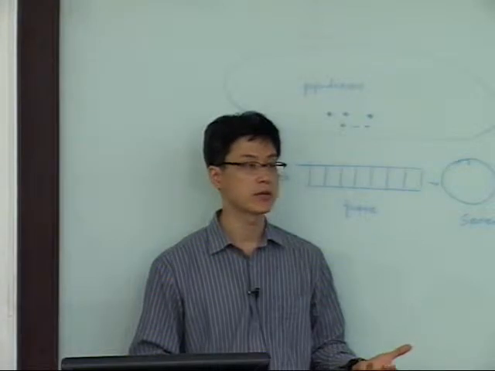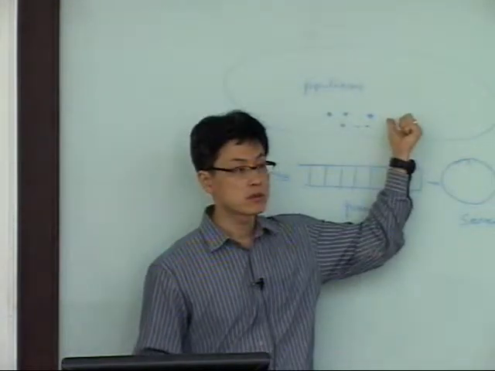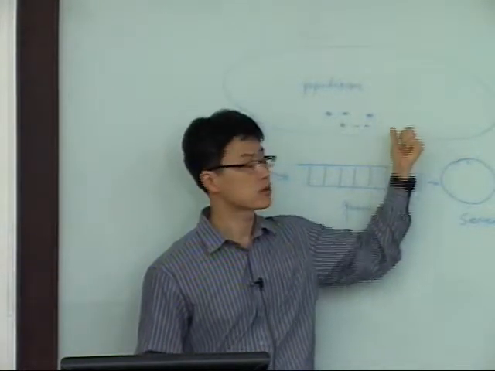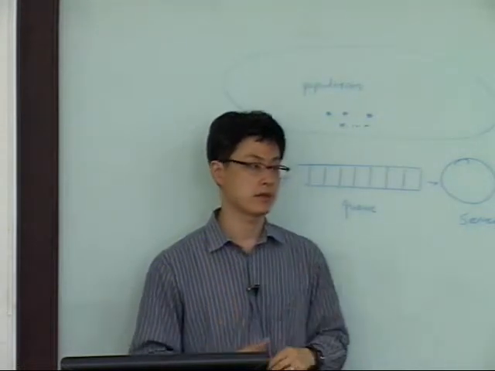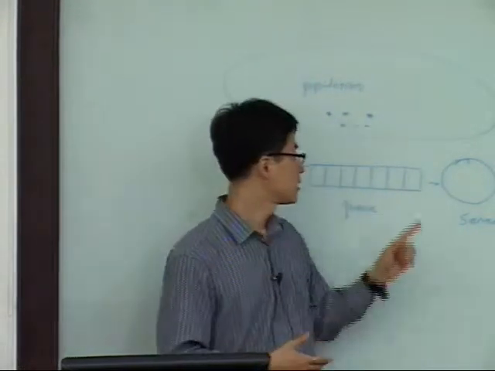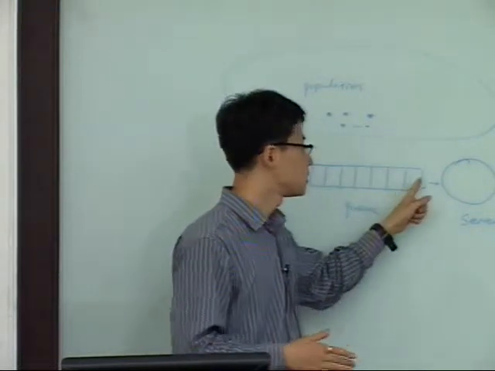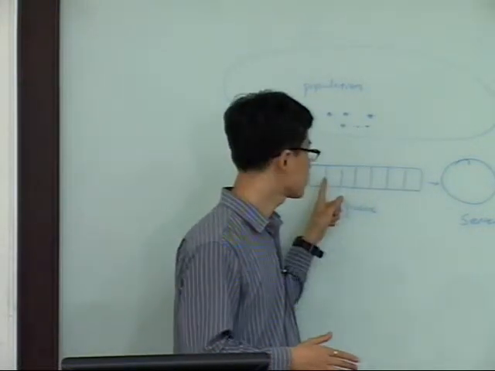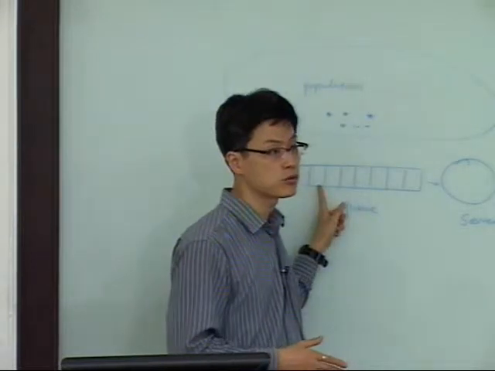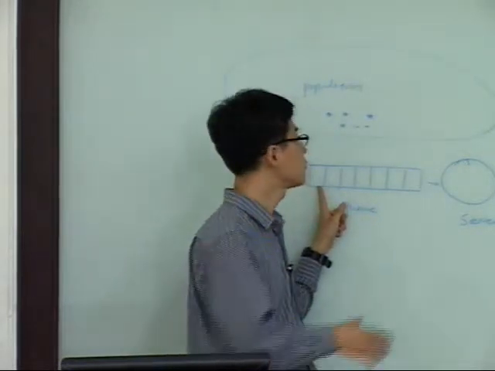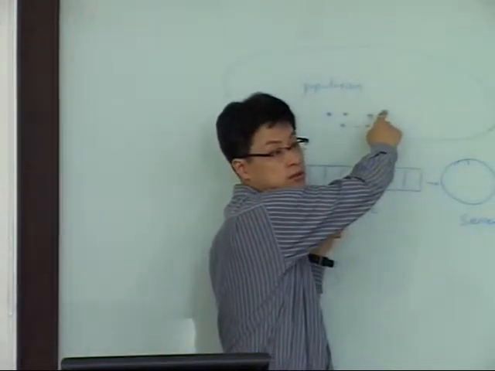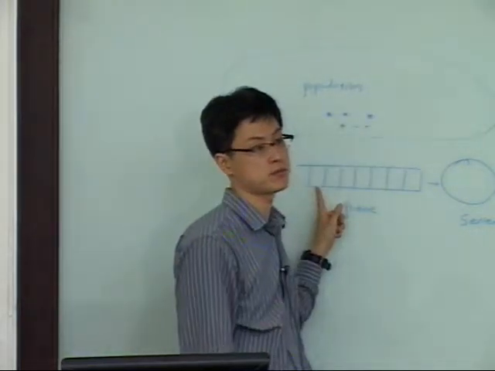It's not unlimited. In that case, you have to set your population to a size of 10. Which means, by some chance, 10 customers could wait inside your queue, right? Then you know that there is none left in the population.